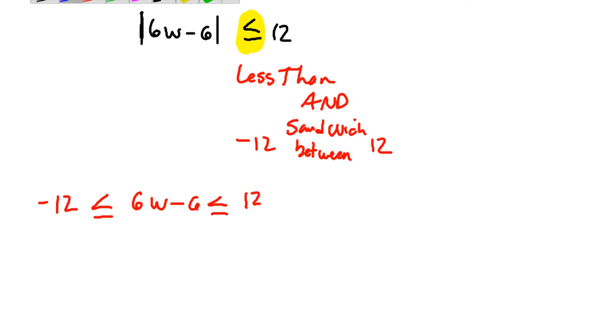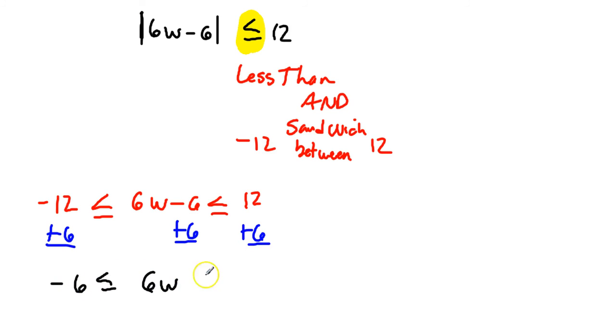Okay, and just like with the last one, you're going to work it from the inside out. So since you've got 6w minus 6, first thing is you would add 6 to all 3 parts. And then since you've got 6 times w, go back and divide everything by 6.